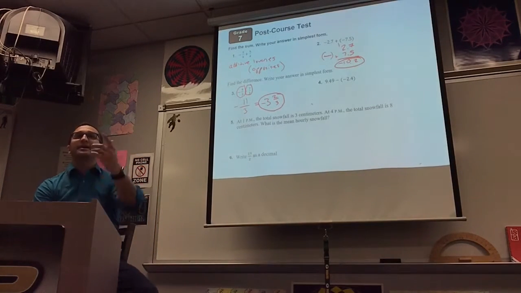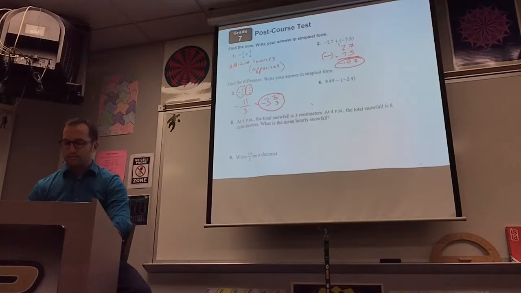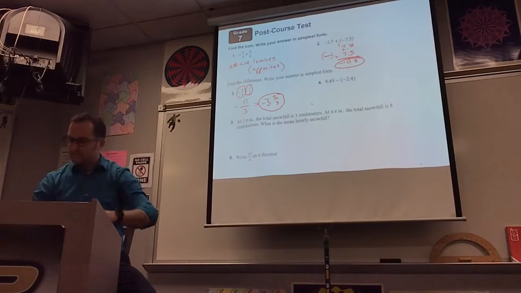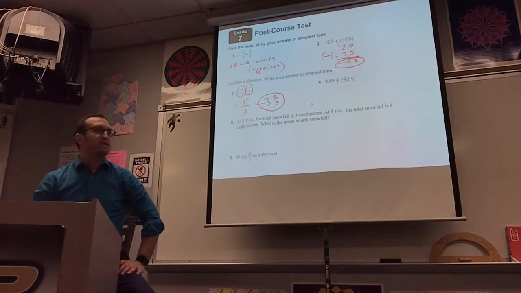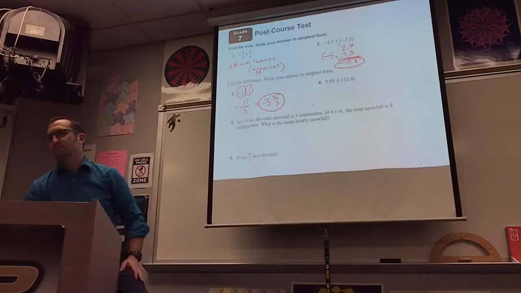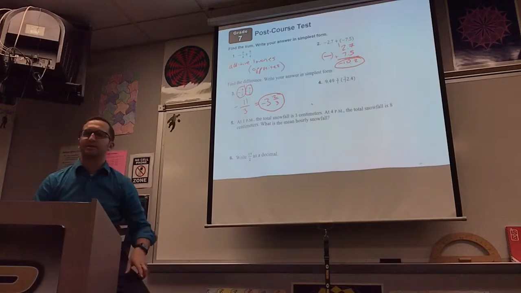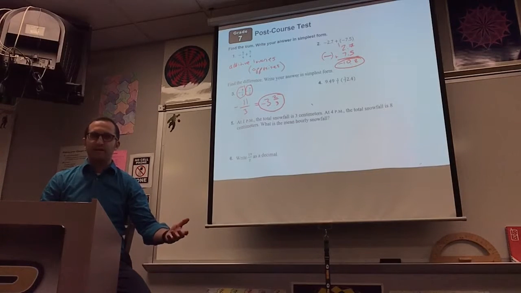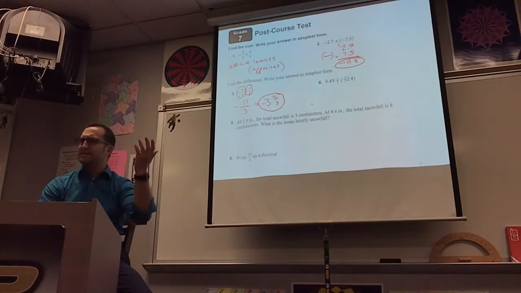Number 4. Here we go, Tori. What do we got going on here? Negative Ninja. This isn't a subtraction problem. I love it when subtraction turns into addition because I hate subtraction. I'm bad at it. I mess things up. I forget to carry the 1.